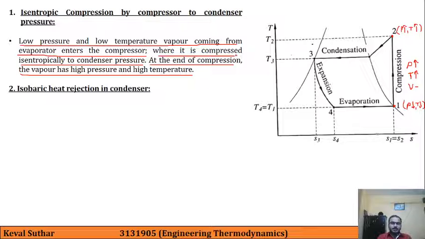Now the second process is isobaric heat rejection in condenser. So we are now discussing about the second process, that is in condenser. So here this is the isobaric heat rejection.